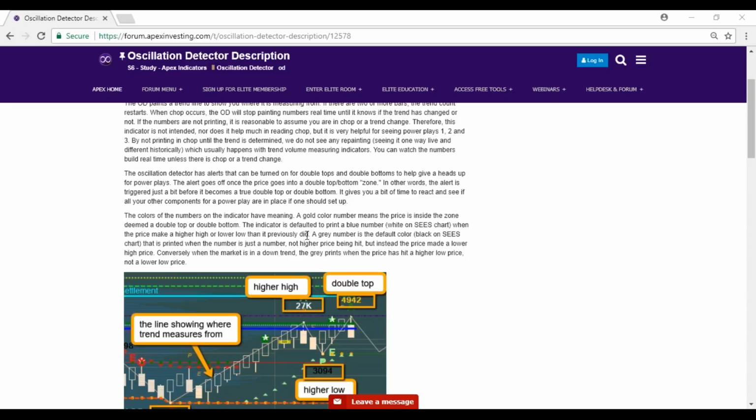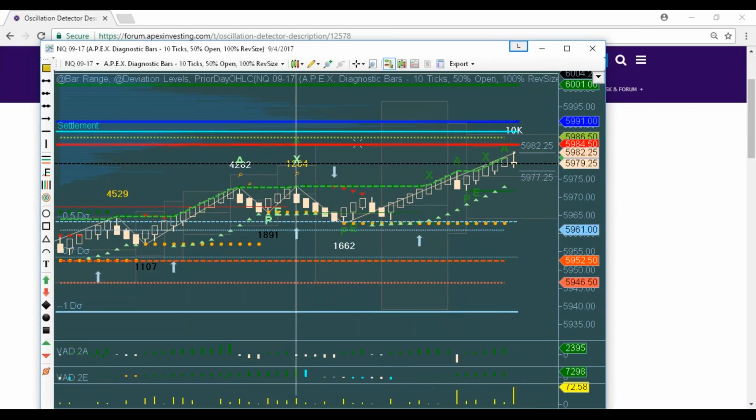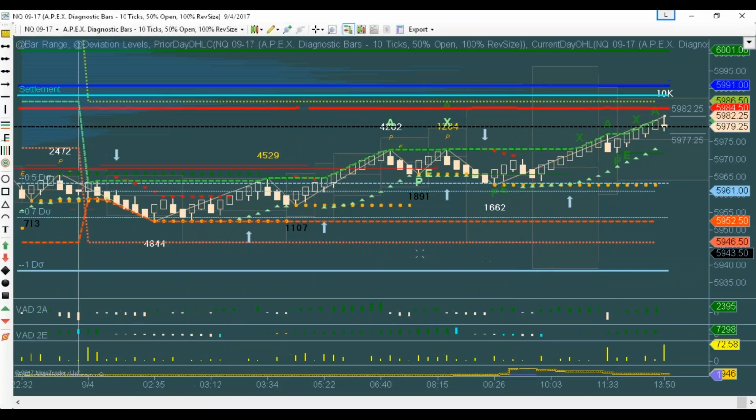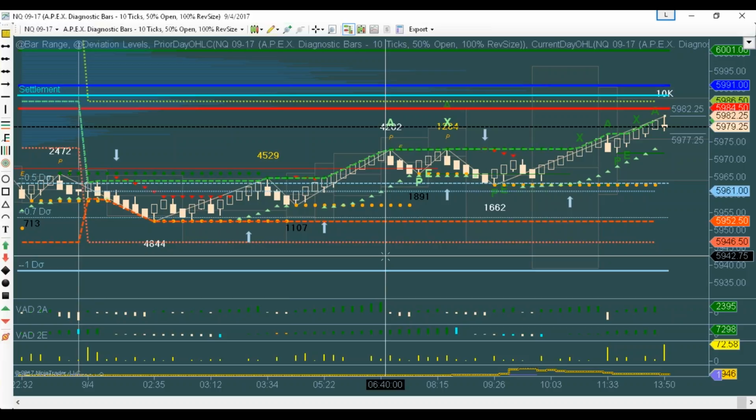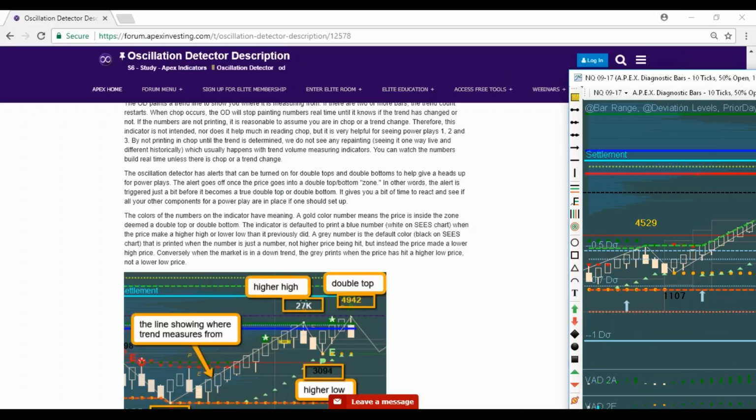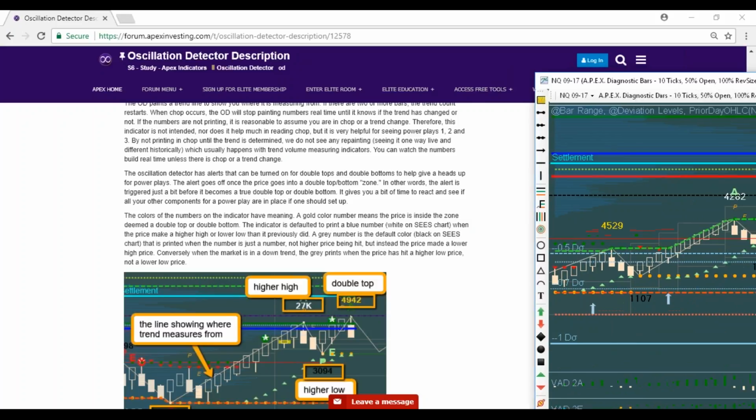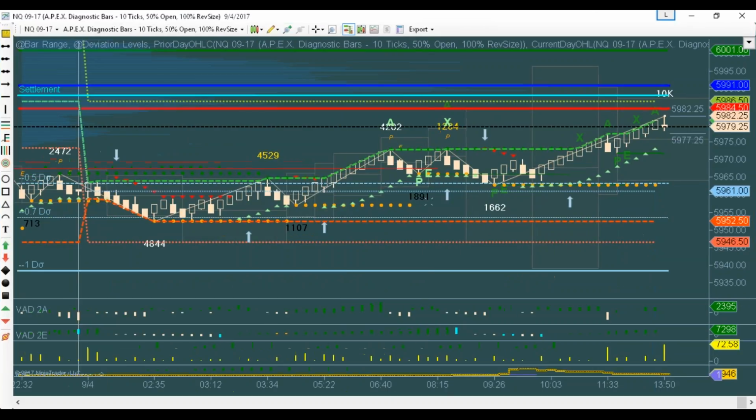Remember on the other chart, they were blue, but they're white on this chart, just so you can see them easier. Okay, so we know what the yellow numbers are, right? So what are the white numbers? When the price makes a higher high or a lower low, they're white, right?